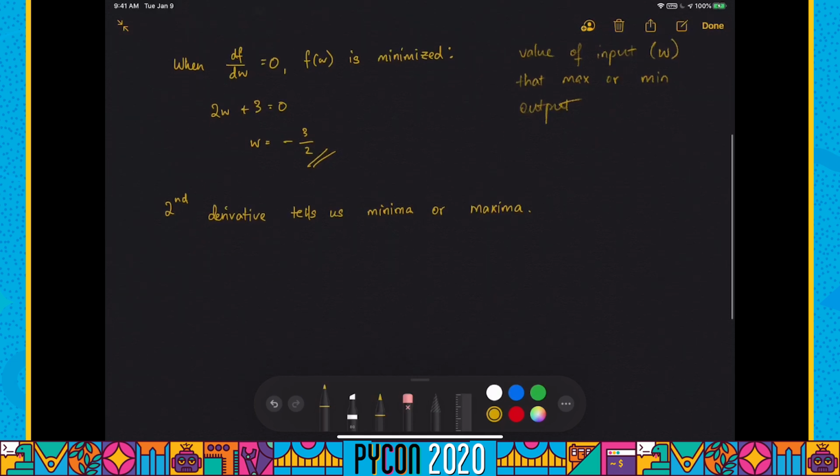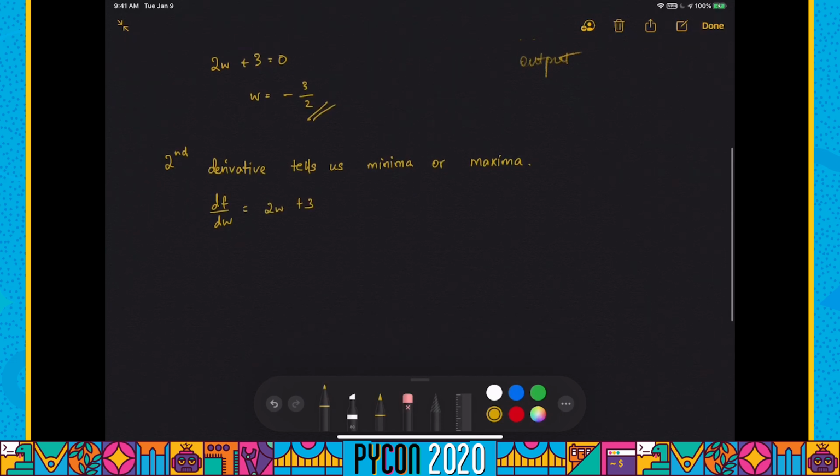So if df by dw is equal to 2w plus 3, then the second derivative would be that, which is equal to 2, and 2 is always greater than 0, which therefore means this point is a minima.